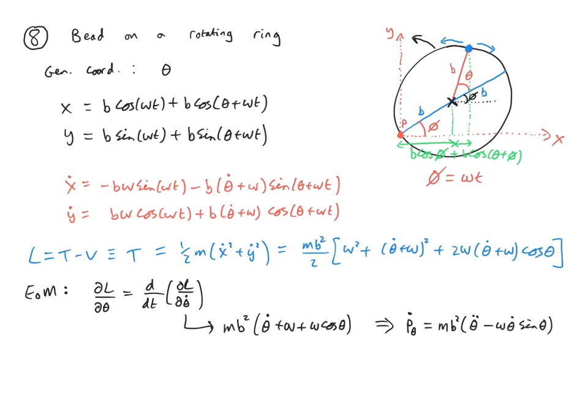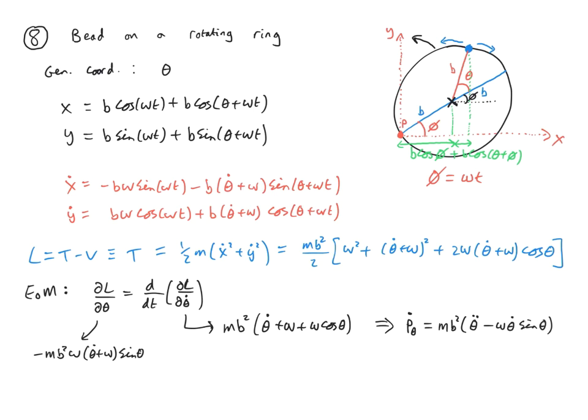Whereas dL/dθ on the left-hand side is going to be simply minus mb² ω θ dot plus ω sin θ. So putting all of that together, let me summarize.